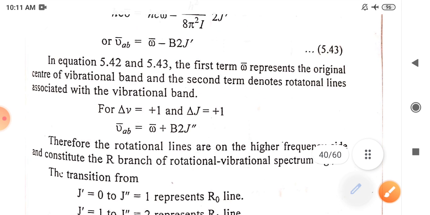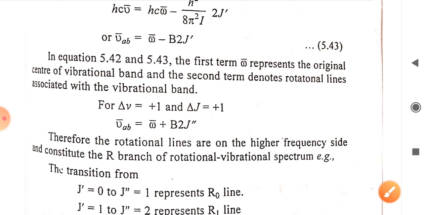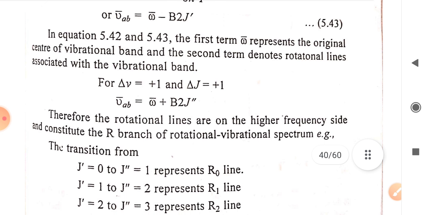From these two equations we can say that the first term ω̄ represents the original center of the vibrational band, which is the fundamental mode of frequency, and the second term denotes the rotational lines associated with the vibrational bands.